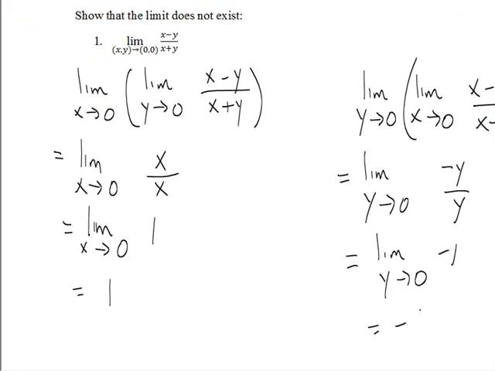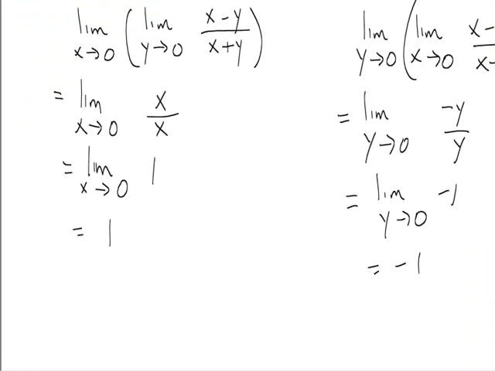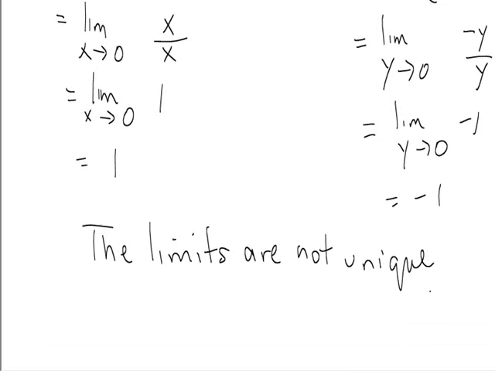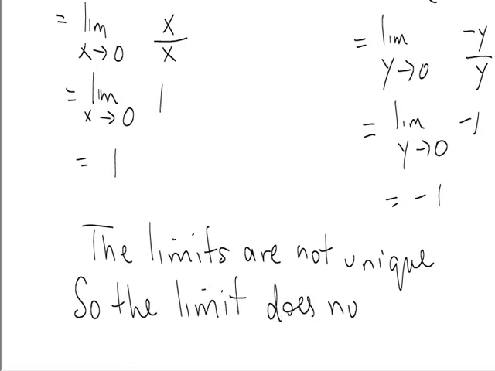What do you notice? The limits are different. The limit doesn't exist. So the limits are not unique. So the limit does not exist. That's the first one. Any questions here?